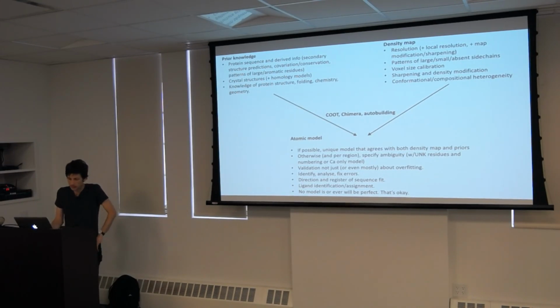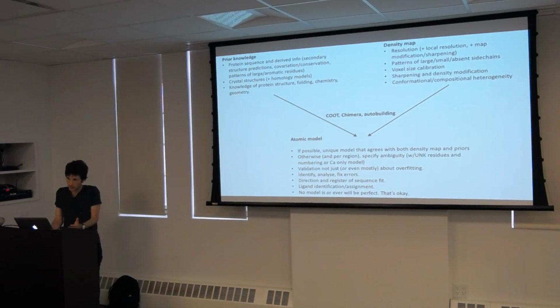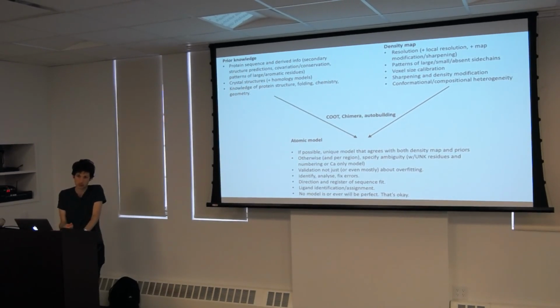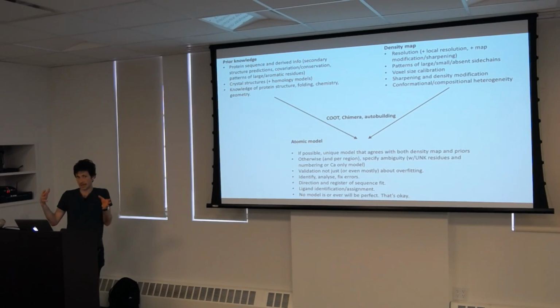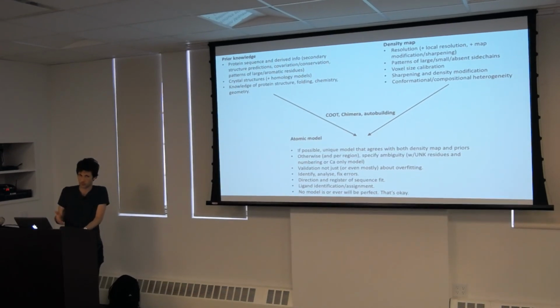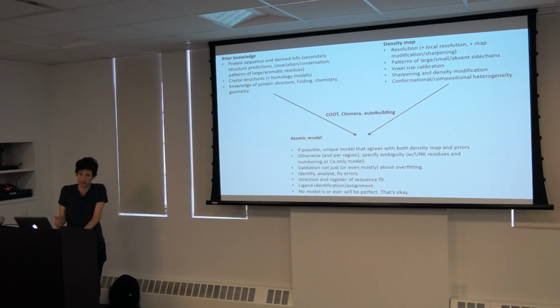The other thing that I want to cover a little bit later is validation, and particularly focusing on local validation and trying to get across the point that a lot of folks right now are looking at validation as just ensuring that there's no overfitting. And in a way, I think that's probably the least important form of validation for an atomic model in the EM map.